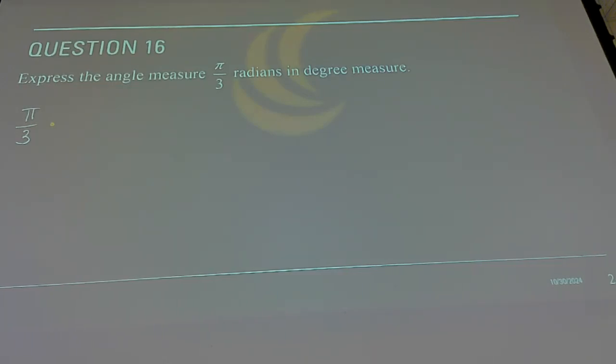Well, 180 divided by 3, and pi over 3 is 60 degrees. Five pi over 9 times the 180 degrees over pi: 180 divided by 9 times 5. So 5 pi over 9 is 100 degrees.